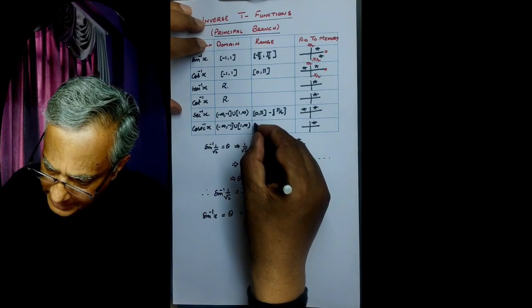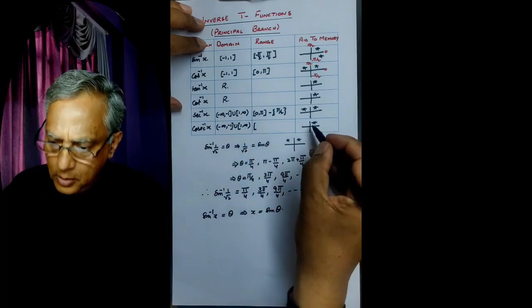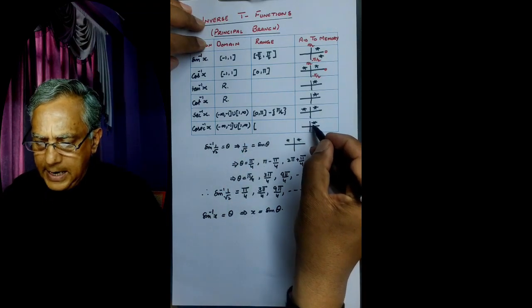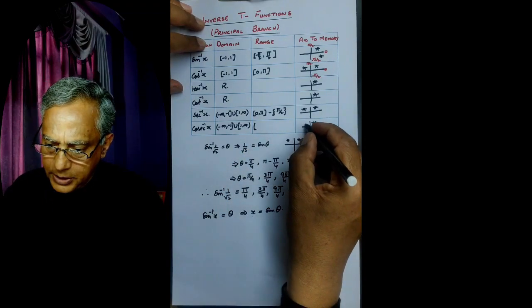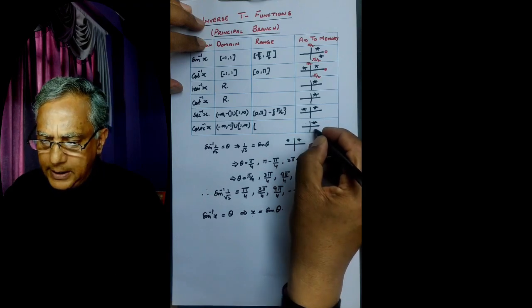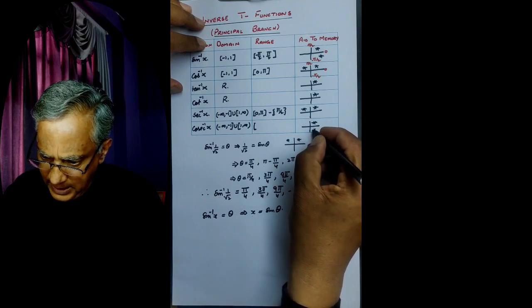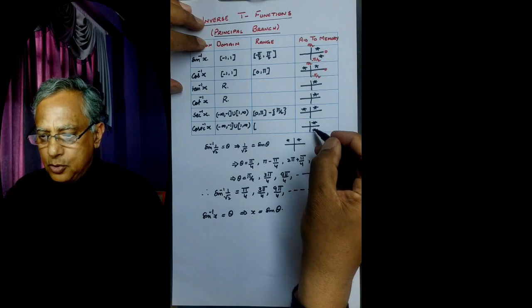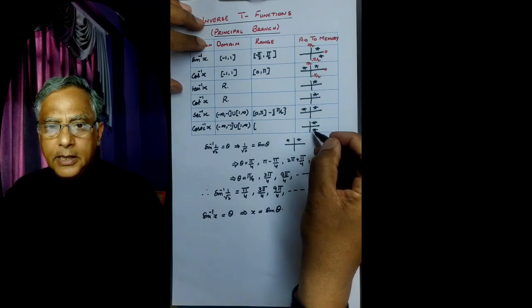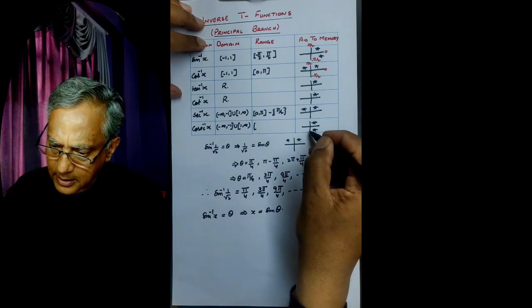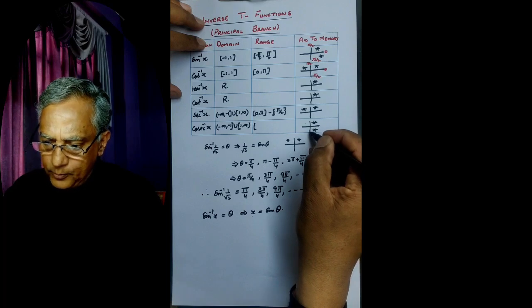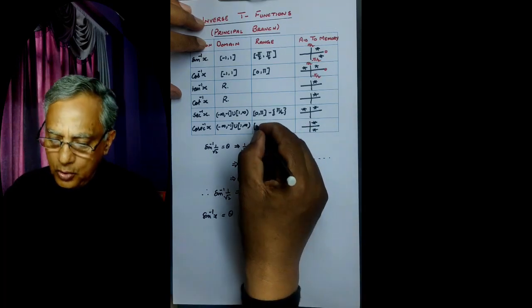And for cosecant, positive values come from the first quadrant and negative from this quadrant. Cosecant is again positive in this, and it is negative in this quadrant. So we will take the range as minus pi by 2 to pi by 2.